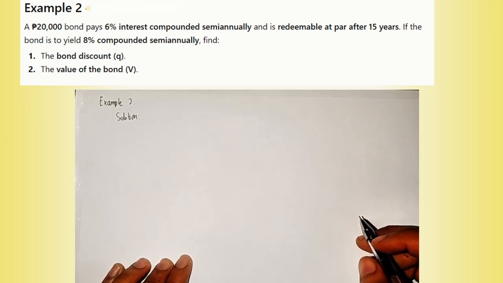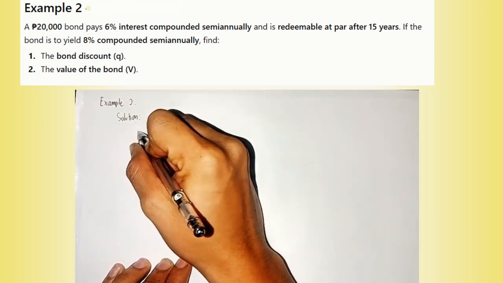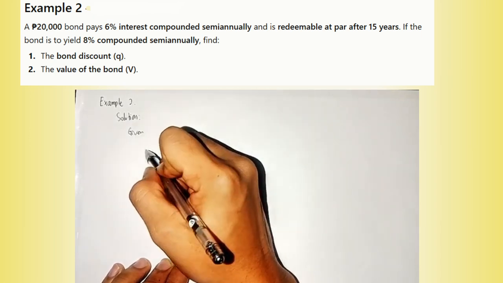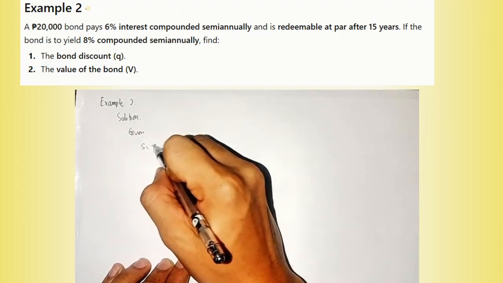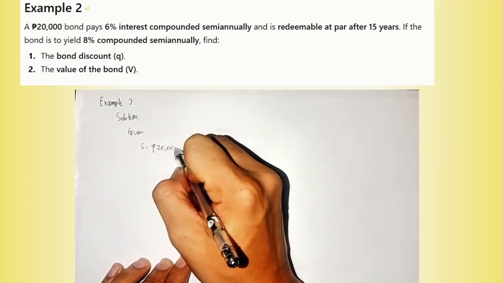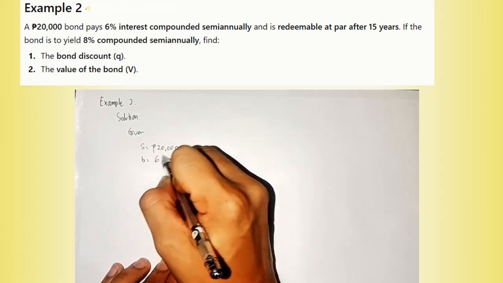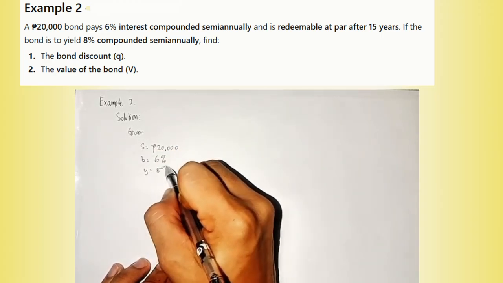Now first let us list down the given. S is equal to 20,000. Bond rate B is equal to 6%. Y is equal to 8%.